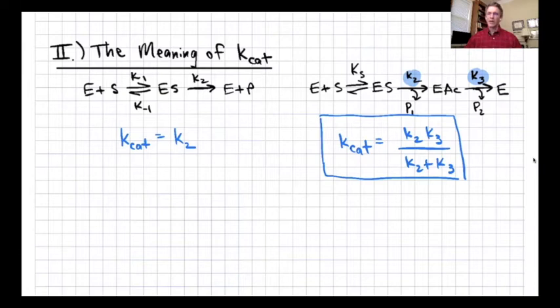But it's still a unimolecular rate constant. If you look at the units here, K2 times K3 is going to be seconds to the -2, and K2 plus K3 is going to be seconds to the -1, which means the units of kcat are still per second, or per minute or per hour, whatever.